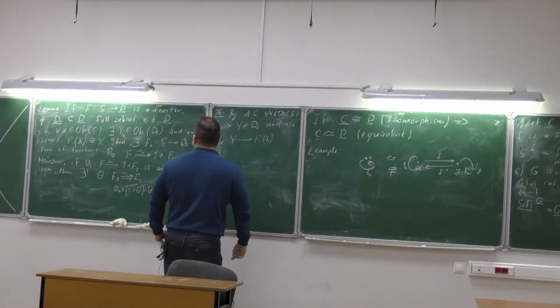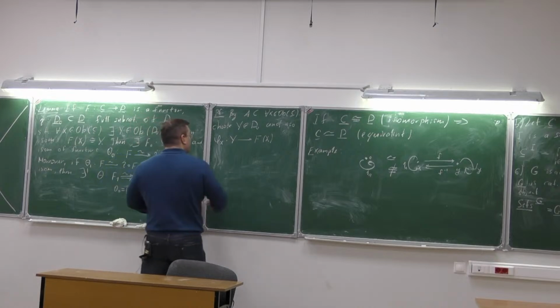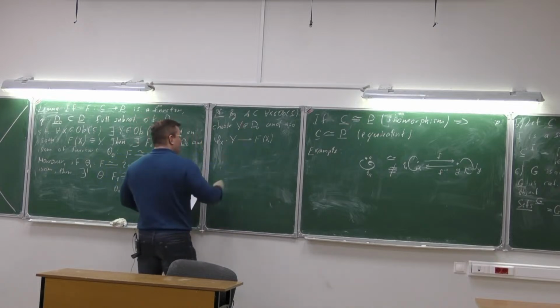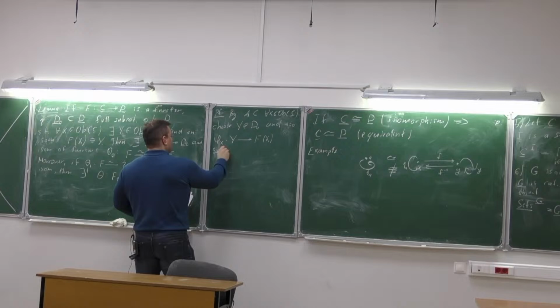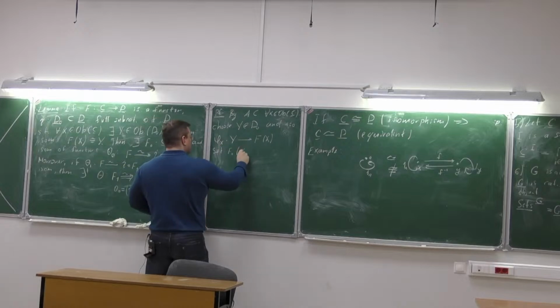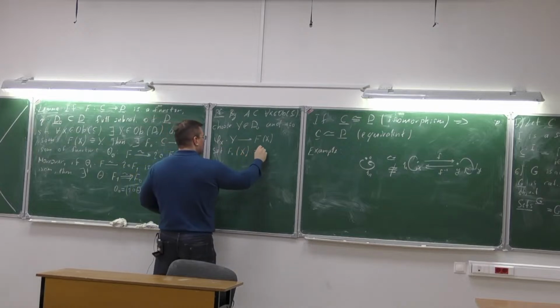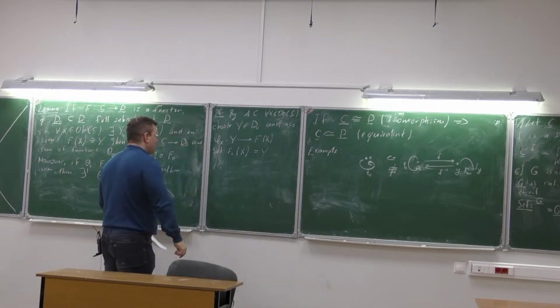And now I can define this functor F naught by using these choices. So we set F naught on the object X to be, by definition, the object Y that we choose.